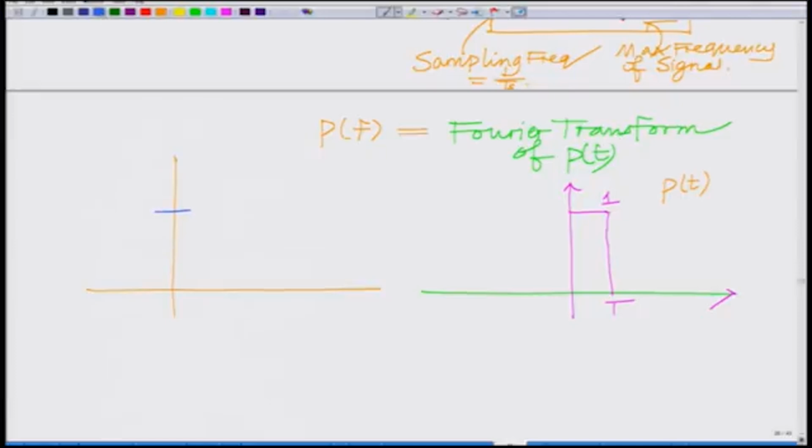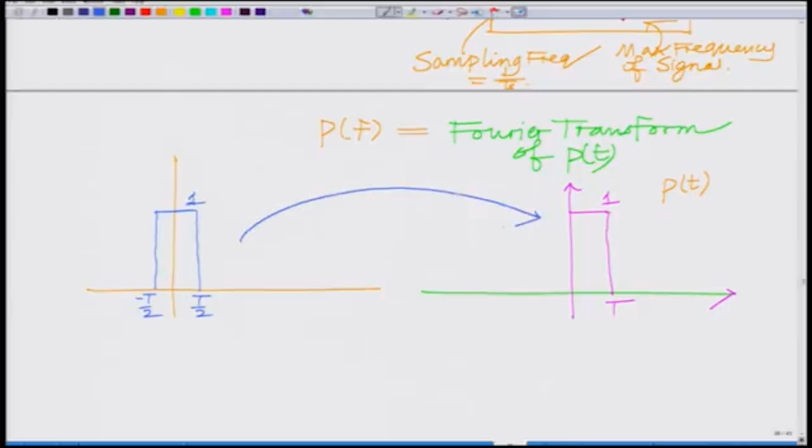of height 1 spread from, so this can be obtained from this pulse, or this can be obtained from this pulse, which is basically your pulse from minus t by 2 to t by 2 of height 1.